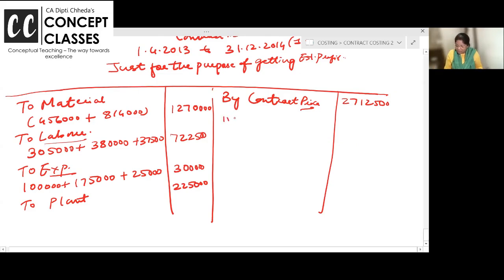Now, material at site. Material at site only I will take 75,000. Because if I take 30,000 as closing next year, 30,000 will become opening. So only we will take 75,000 material. After that, plant returned.